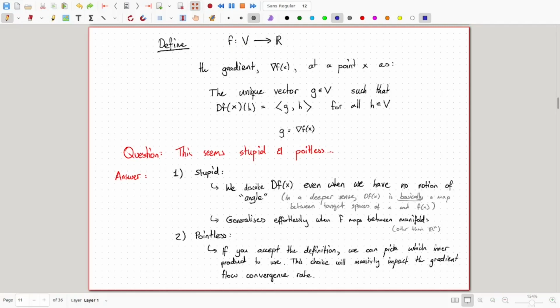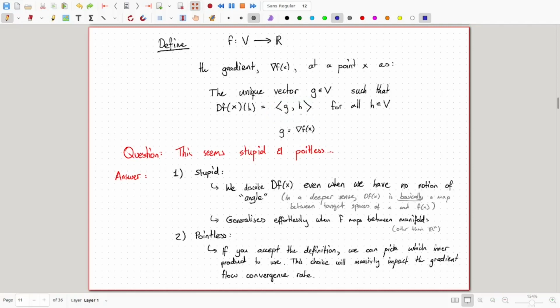And so I also will claim that this is a very useful definition, because if you accept it, it will allow us to have the following trick. You notice this inner product here has not been defined as any particular inner product.